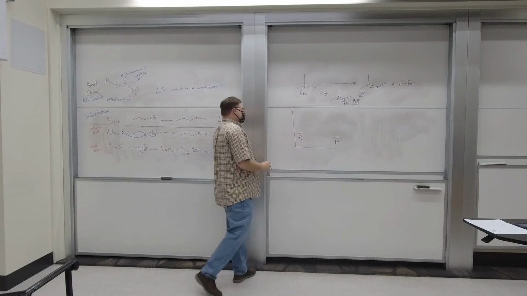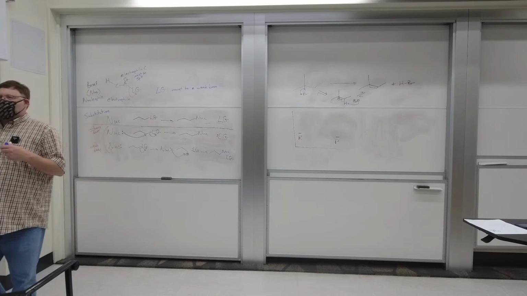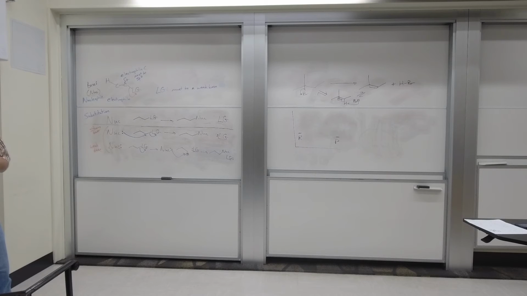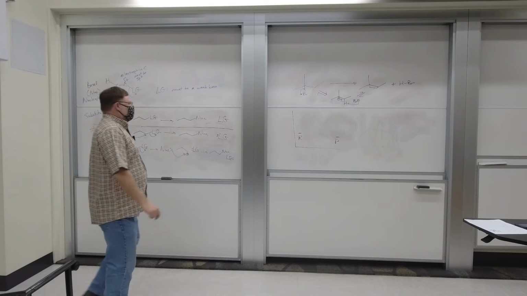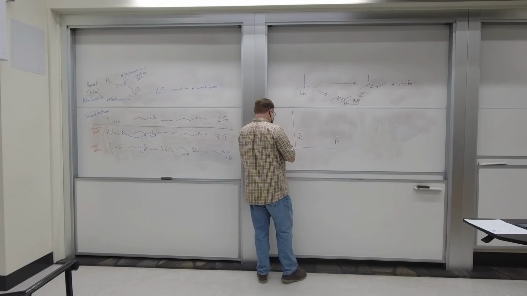And again, I think most people got this on the exam, but there are a few people who didn't. Any structures you draw on the board in a mechanism have to be a local minimum. They might be an absolute minimum, but they have to be at least a local minimum. So we have one intermediate here.